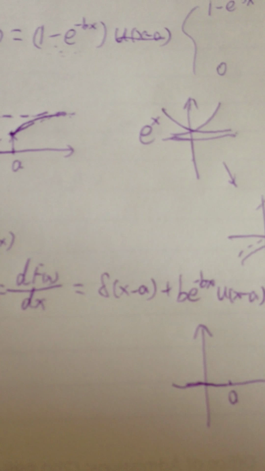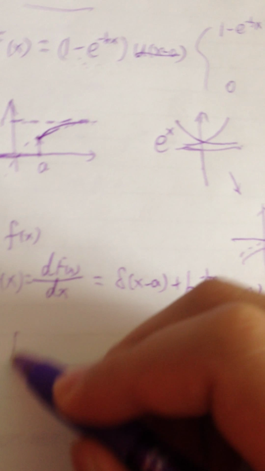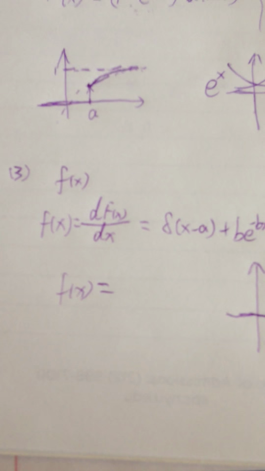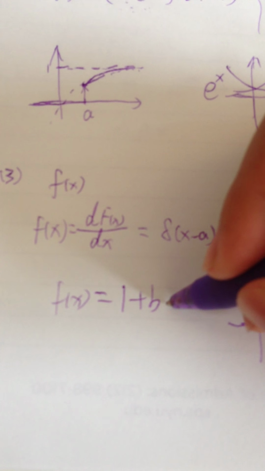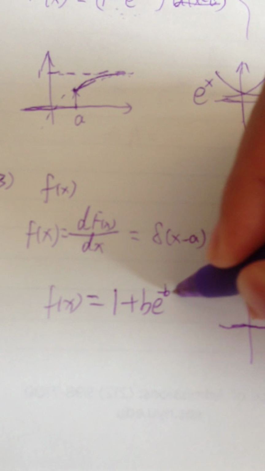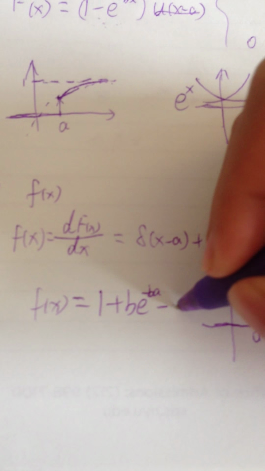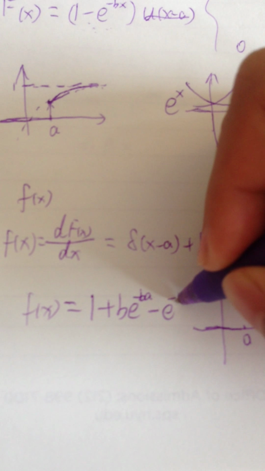And when x equals a exactly, we have f of x equals 1 plus b multiplied by e to the minus b a.